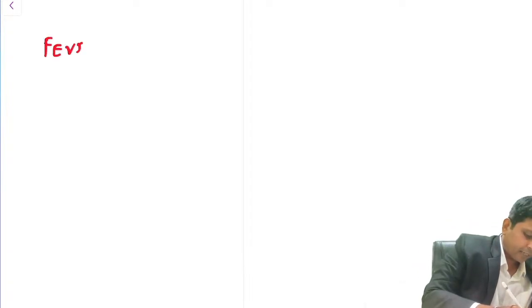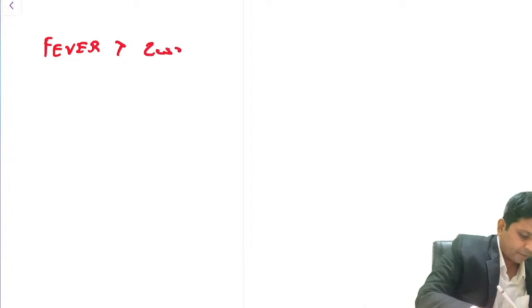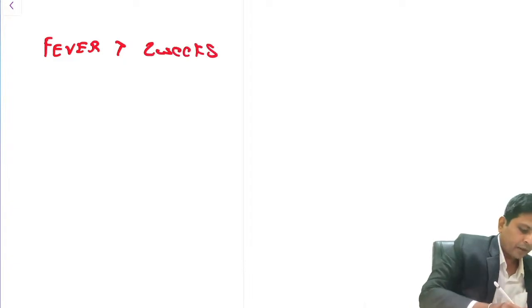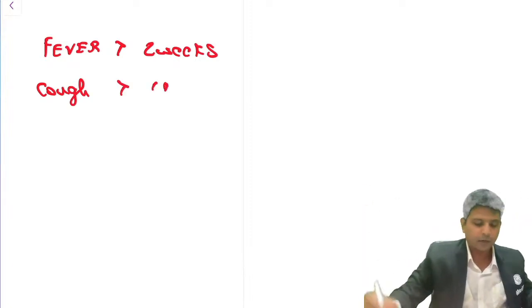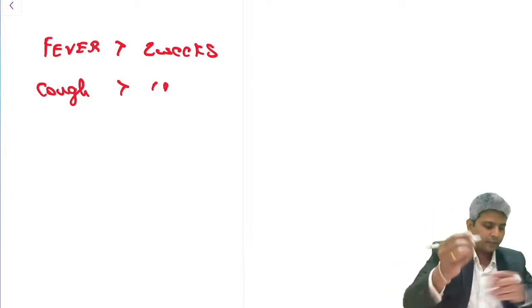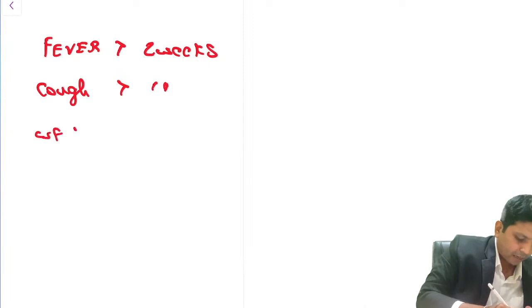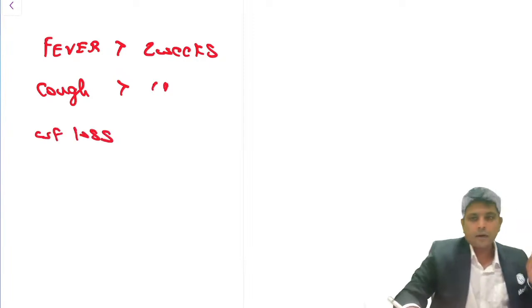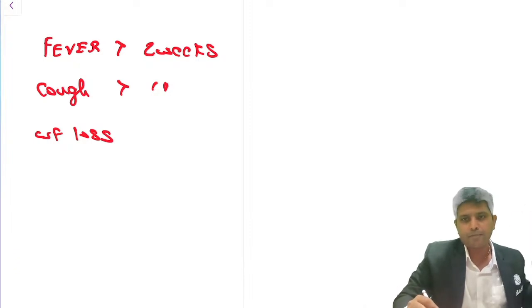Fever lasting for more than 2 weeks, cough lasting for more than 2 weeks. Apart from that, if you have weight loss. Now, rapid-fire revision of the entire pediatric TB in 10 minutes: you will get one question from this, I bet.